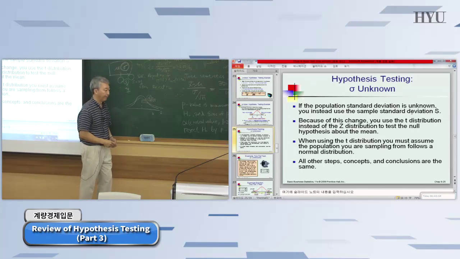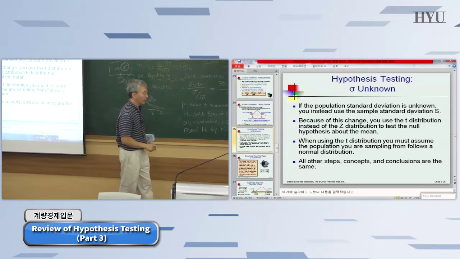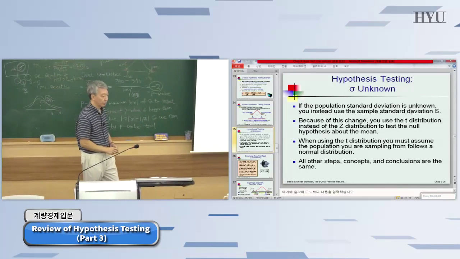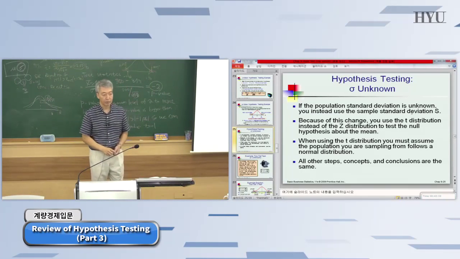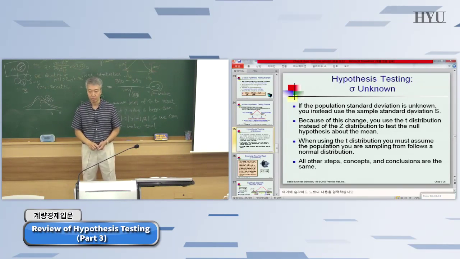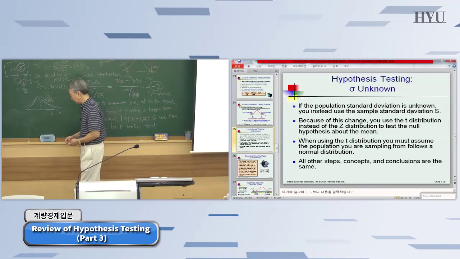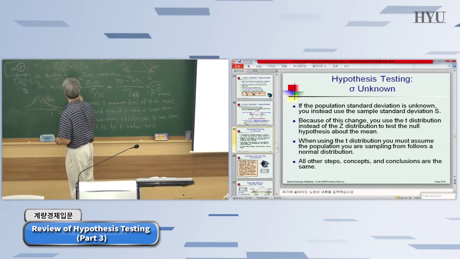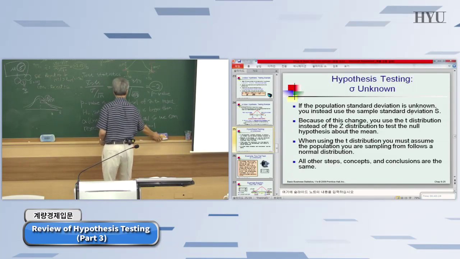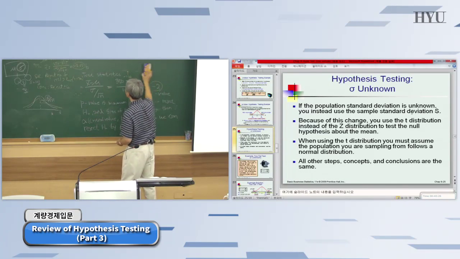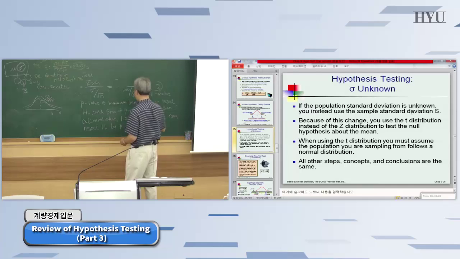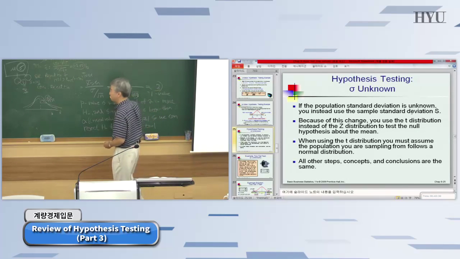So what that means is you cannot use a z distribution. Your sampling distribution is not going to be normally distributed. What can we do? Well, there was a guy named William Gossett. Do you remember anything about William Gossett if you were in my class last semester?